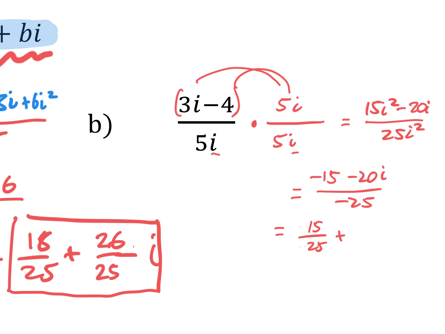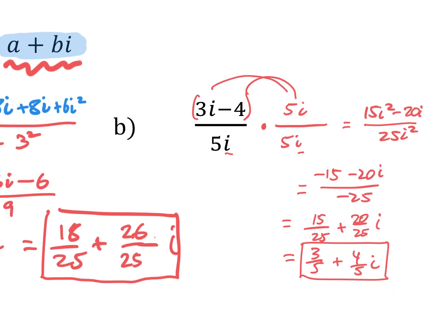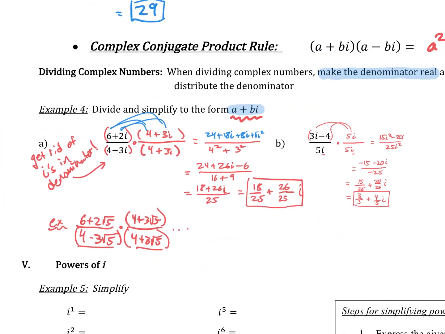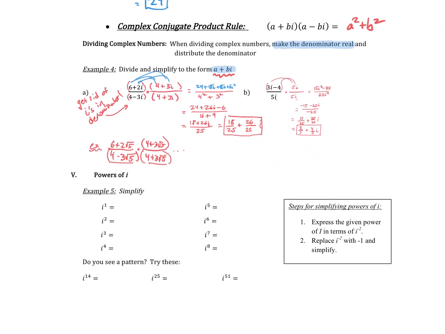And so it's going to be positive 20 over 25i. And we can simplify these fractions, divide them both by 5, and we end up with 3/5. Divide these by 5, and we have 4/5 i. That's the idea. So there you have dividing with complex numbers. So we can add, subtract, multiply, or divide.